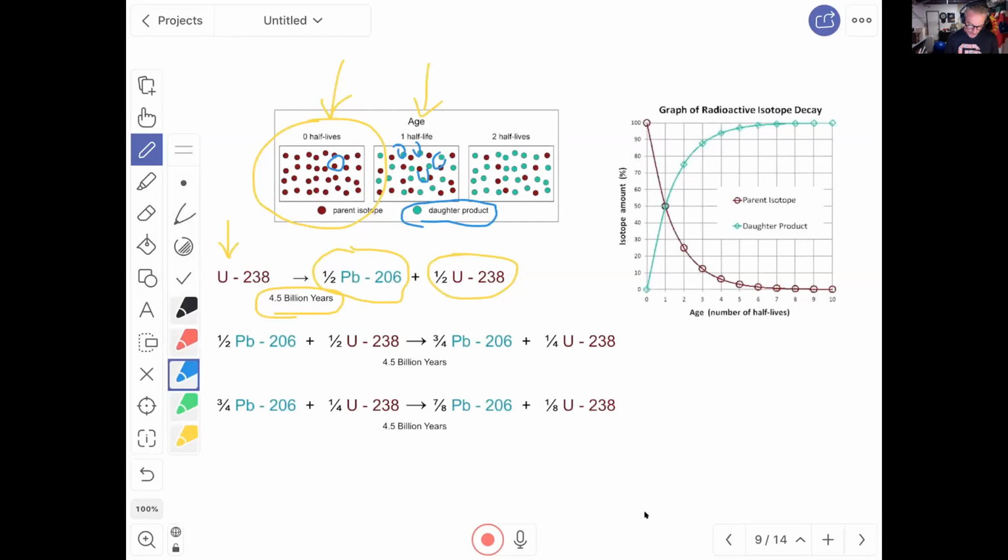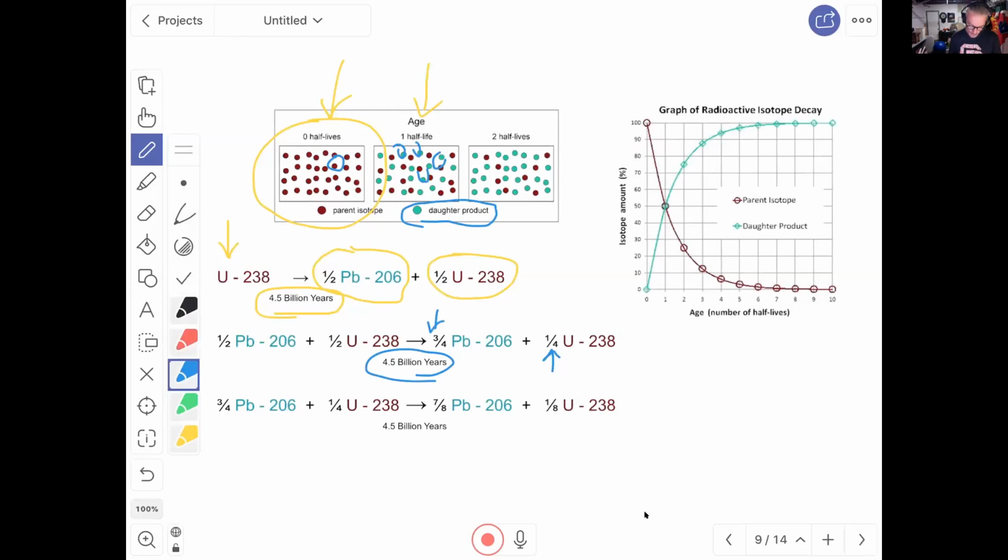After another 4.5 billion years, half of the uranium that's left would turn into lead also. That would leave us with 3/4 lead and 1/4 uranium. That would tell us that 2 4.5 billion year chunks have gone by, and that's 9 billion years, right? Well, let's take it one step further.